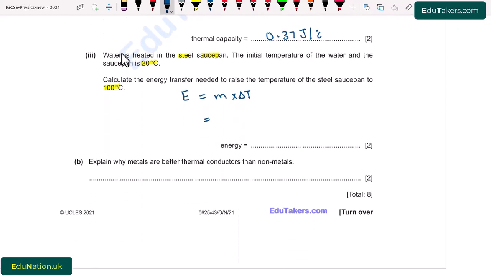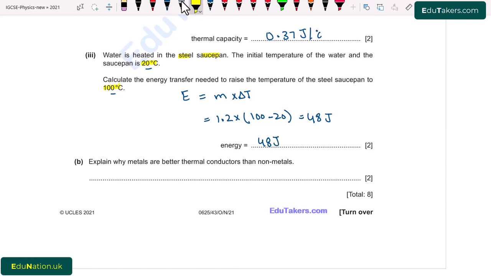So I put here 1.2 multiplied by the change in temperature, it will be 100 minus 20. So this temperature is basically in degrees C, and the energy comes to be 48 joule. So the energy transfer is actually 48 joules.